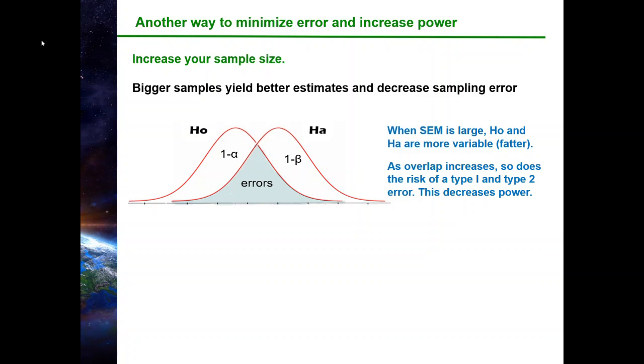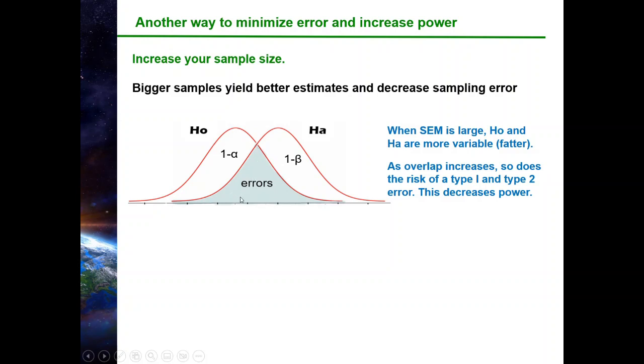And we can see that when SEM is large, so when we have a lot of sampling error, H0 and HA become very fat distributions, all right? So they become more platykurtic, okay? They get fatter. And as they get fatter, they overlap more. And what happens as they overlap more?